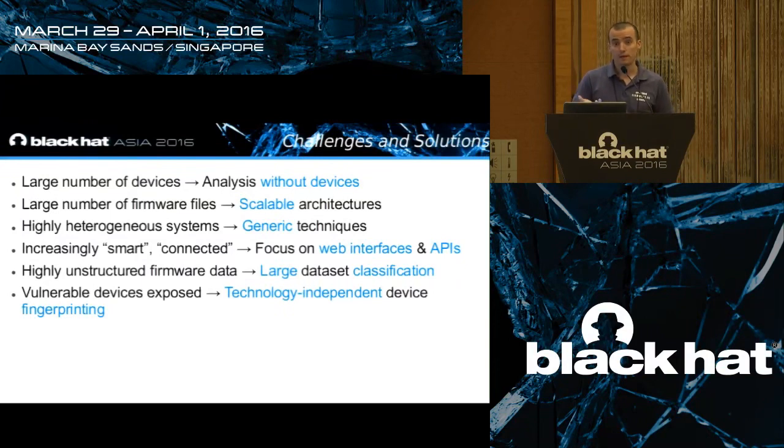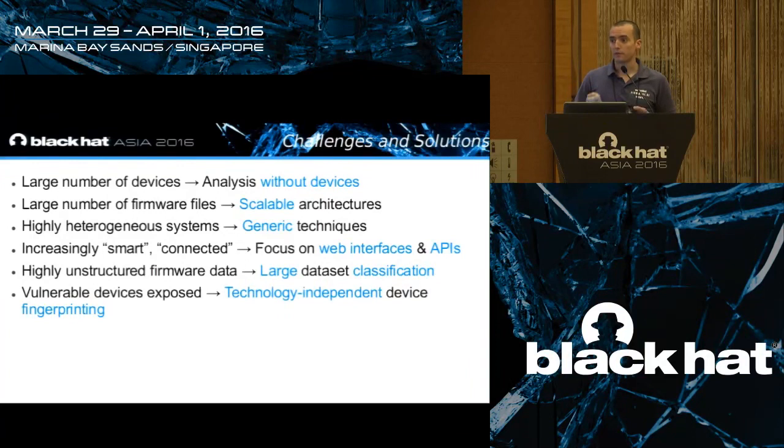For example, when you see a device in Shodan, or when you see a device online, an IP, how confident are you it's not a honeypot? How confident are you it's a particular firmware version? How confident are you, if you're a system administrator and you see, let's say, a particular router in your network, that it's a particular firmware version which is vulnerable to a particular CVE or not?